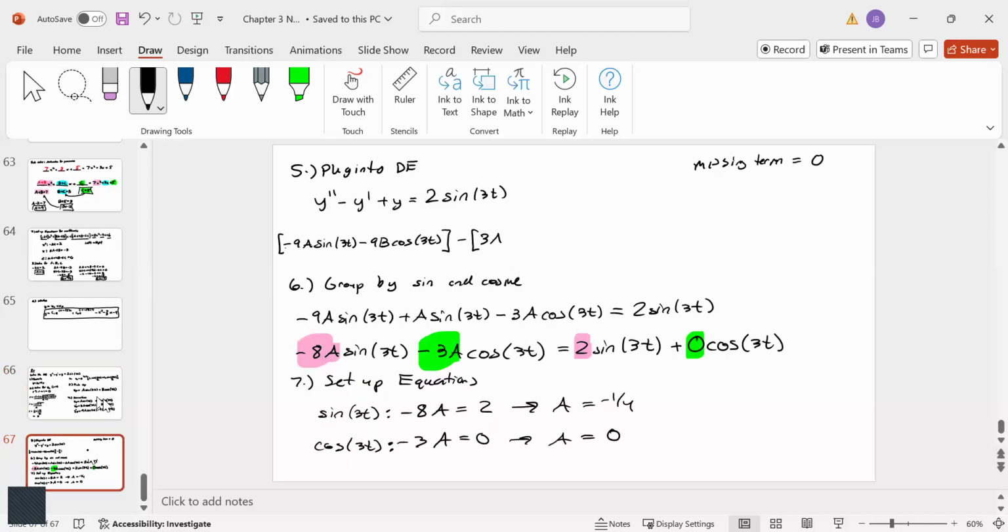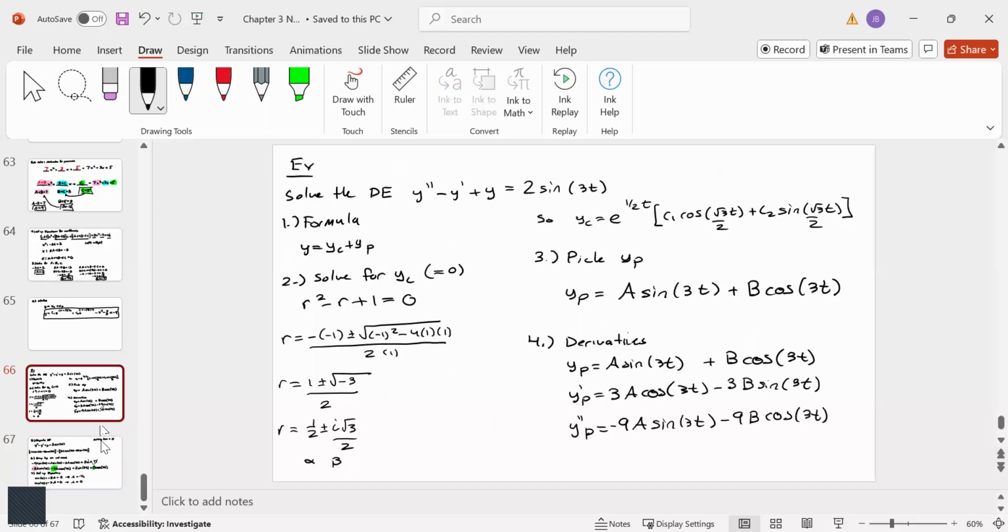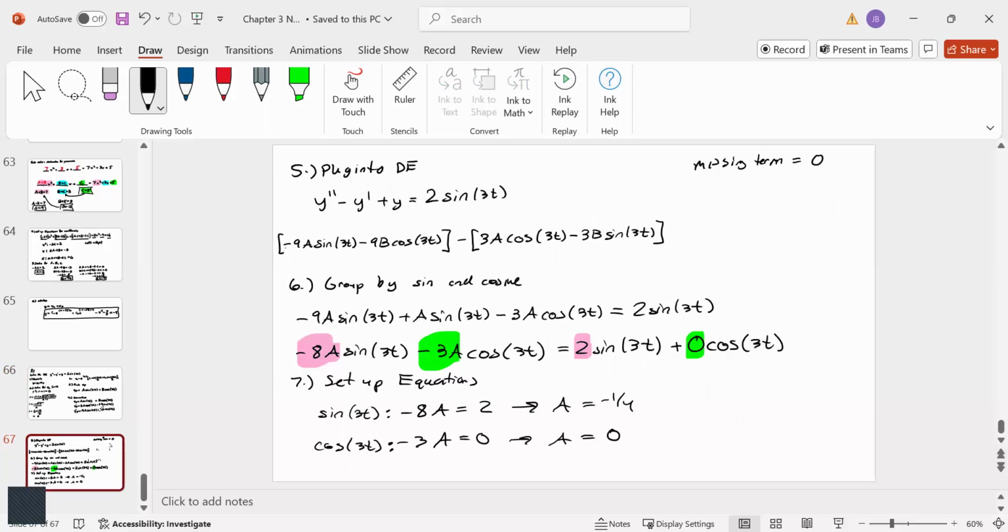So 3a cosine 3t minus 3b sine 3t. And then we just get our original one. So plus a sine 3t plus b cosine 3t is equal to 2 sine 3t. So as you can see, that's a lot of writing, which makes this the most annoying thing.